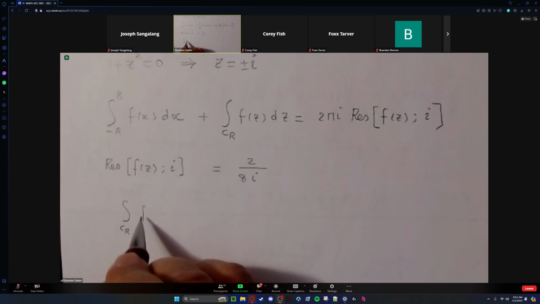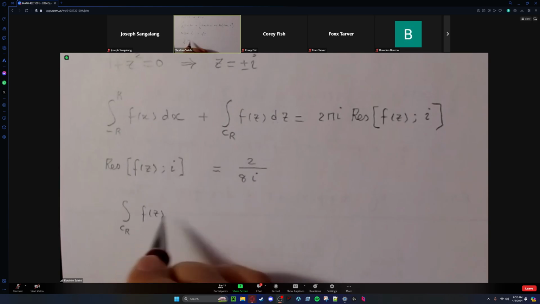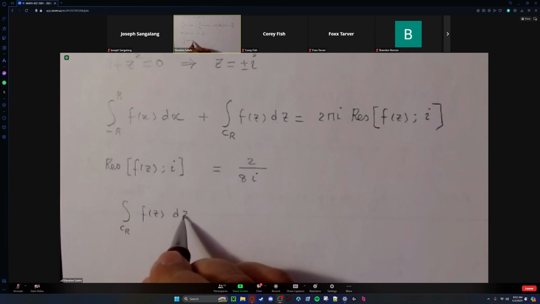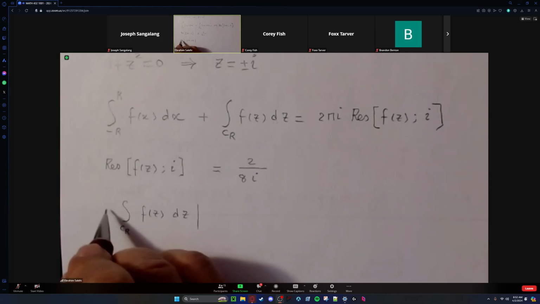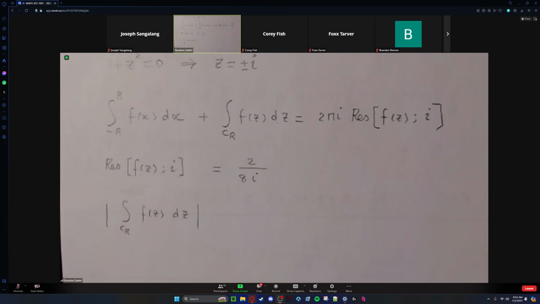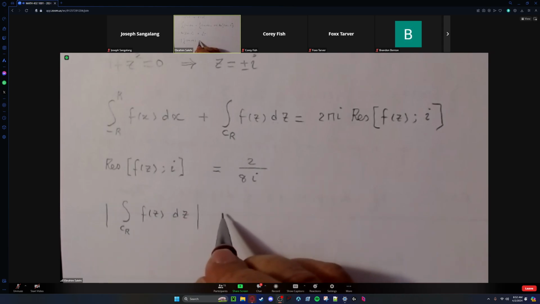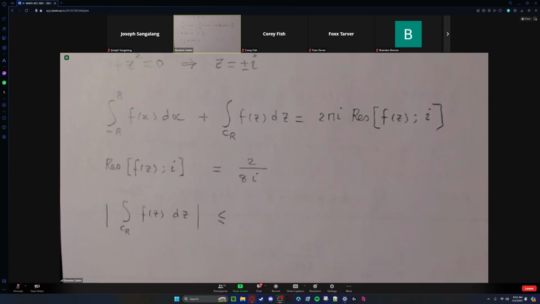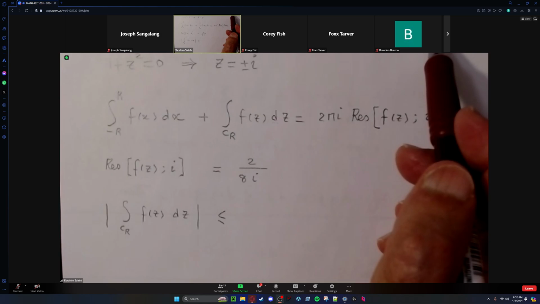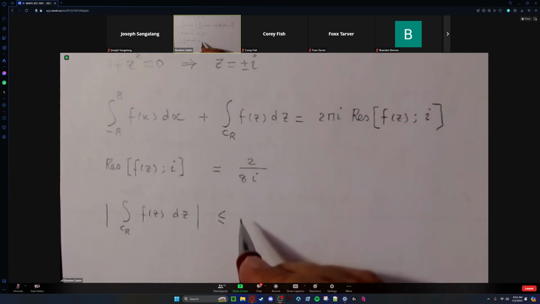The modulus of this, using the ML inequality, is less than or equal to the length of the curve. Here, the radius is r, so half of the circle is pi r.